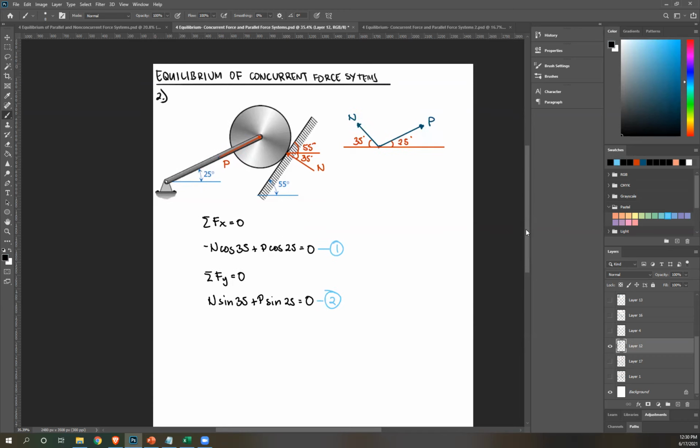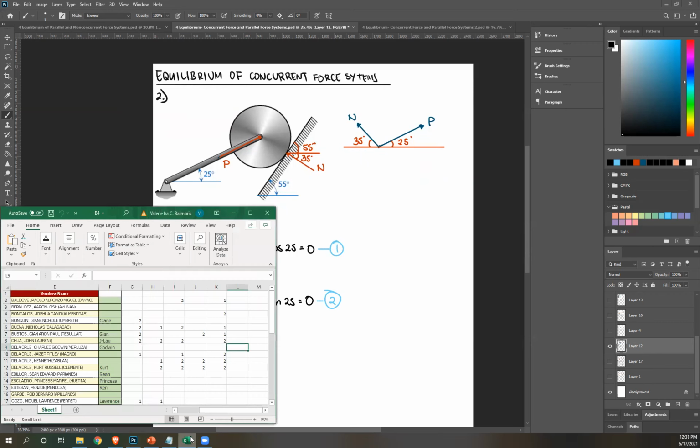Correct, Gian and Kenneth. De La Cruz and Bustos.